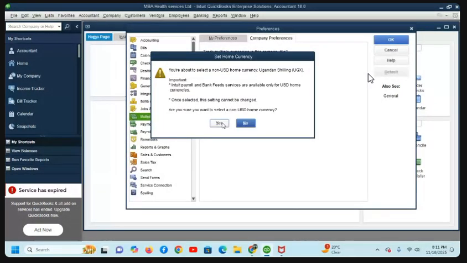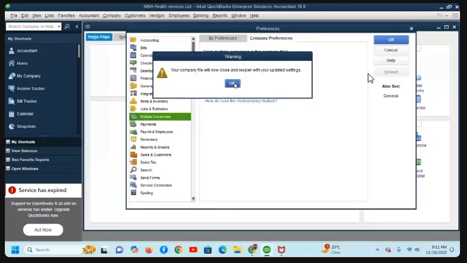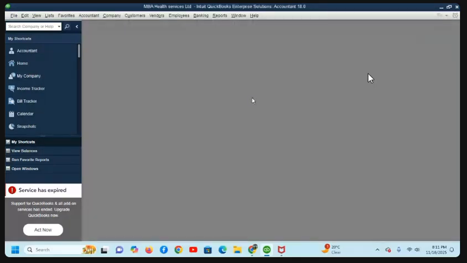Then you're about to use a non-US dollar. It is okay. Then it will appear here. It is not yet complete. Then you click OK to activate it. Now our local currency has been activated.